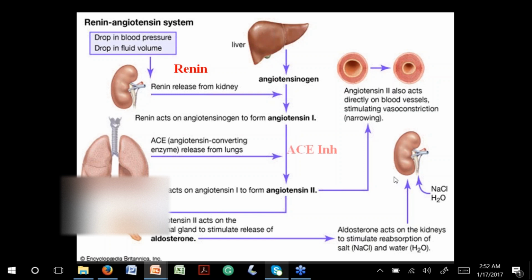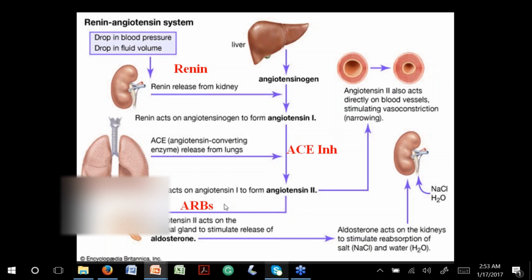All right, so let's keep going. We have the ACE inhibitors. The ACE inhibitor is the other enzyme inhibitor that is going to inhibit the transformation of angiotensin 1 into angiotensin 2. So this is the second medication.